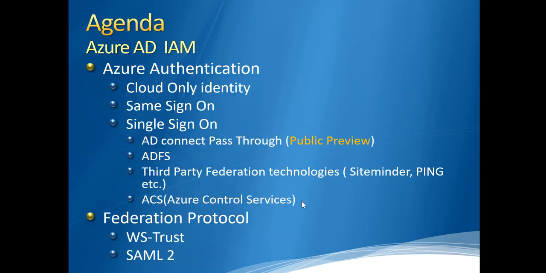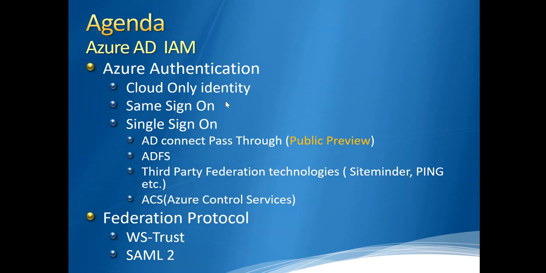We'll move on to the next slide. So today's agenda is we'll cover Azure AD IAM, Identity and Access Management, especially on the authentication side. We will talk about the different authentication scenarios that you have.